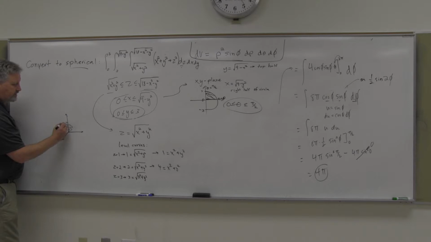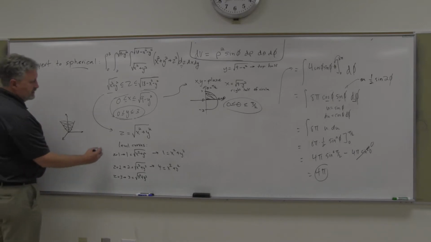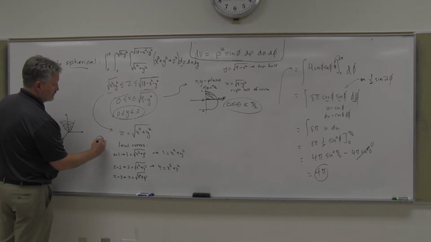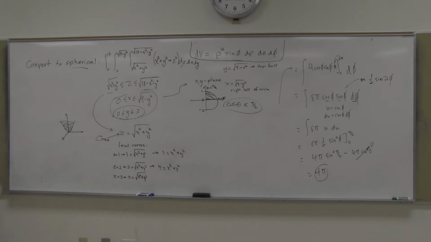At z equals 3, we've got a radius 3 circle. So what we wind up with there is it's a cone. So that's the lower half of the z values.